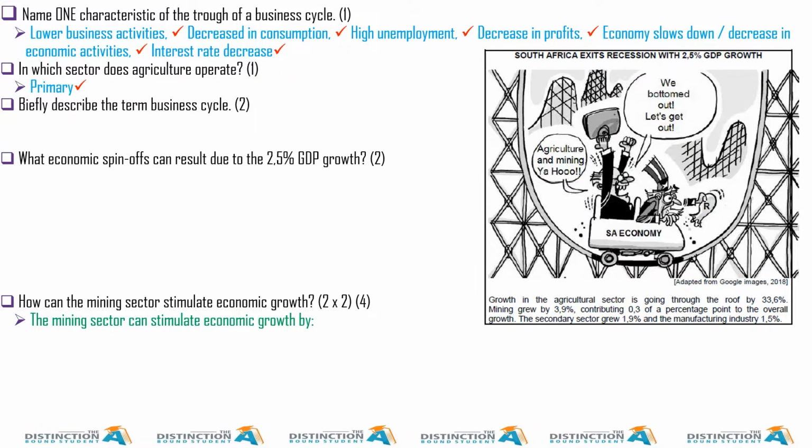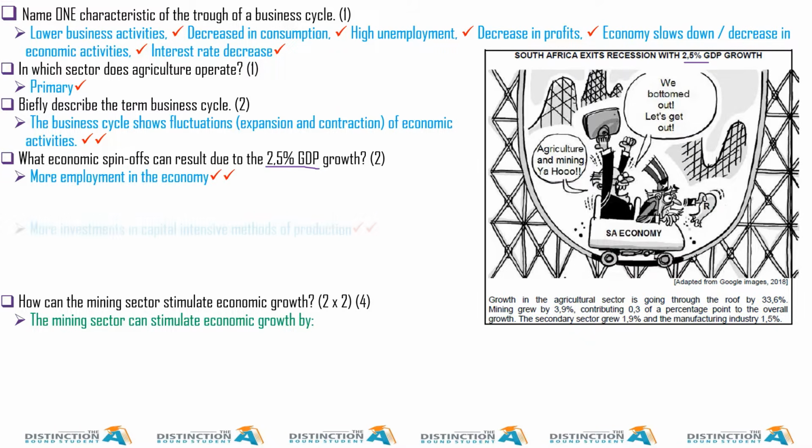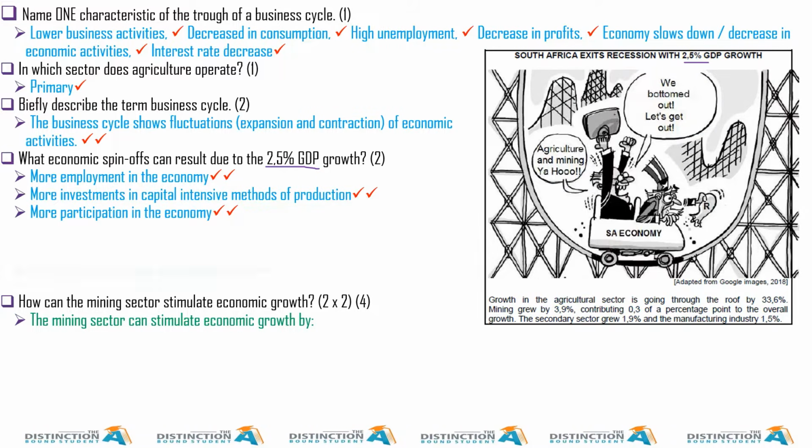Briefly describe the term business cycle. Business cycles are successive periods of fluctuations in economic activity, and some like to say expansions and contractions and so on. What economic spin-offs will you see from this 2.5% they're talking about here? If the economy is going up at a rate of 2.5%, obviously a lot of good things will be happening: more employment in the economy, more investments in capital intensive methods of production, more participation in the economy, because things are getting better.